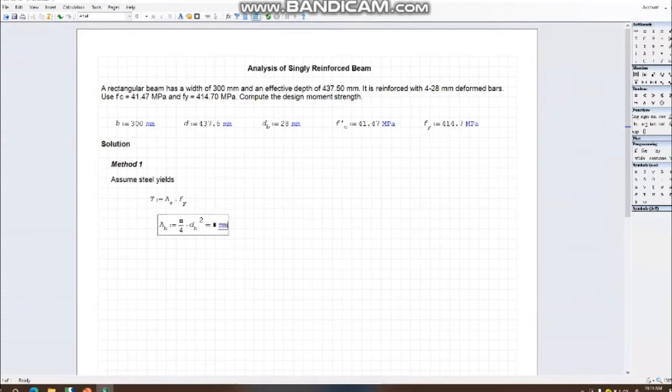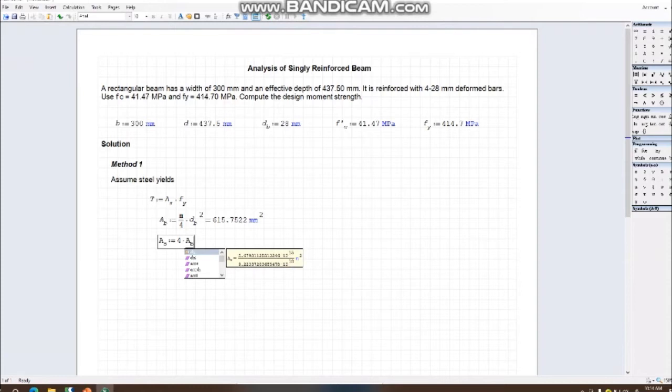It is better to use mm. Then, to get the steel area As, since we have four 28 mm bars, it is 4 times the area of one bar. Now we have As.